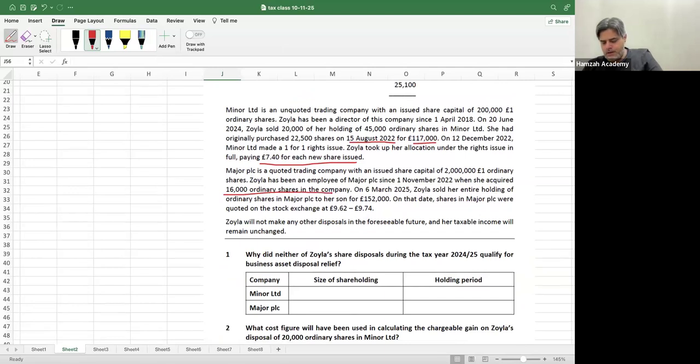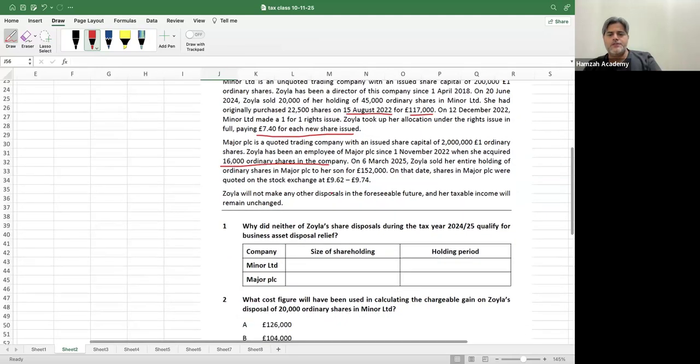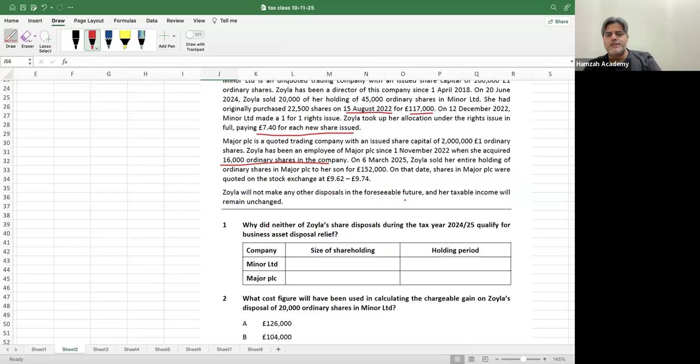Then on 6th March 2025, Zoila sold her entire holding of the ordinary shares in Major PLC to her son for 152,000. On that date, the shares in Major PLC were quoted on the stock exchange between 9.62 and 9.74. Zoila will not make any other disposals in the foreseeable future, and her taxable income will remain unchanged as well.